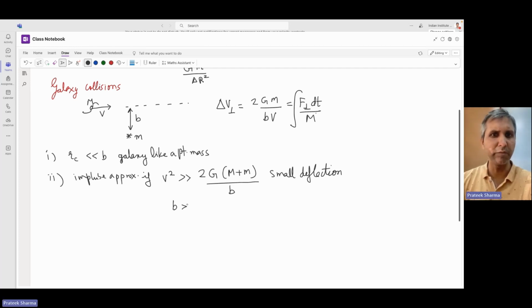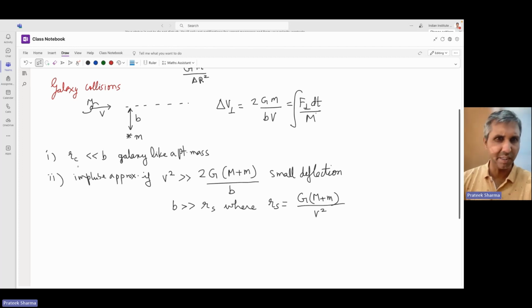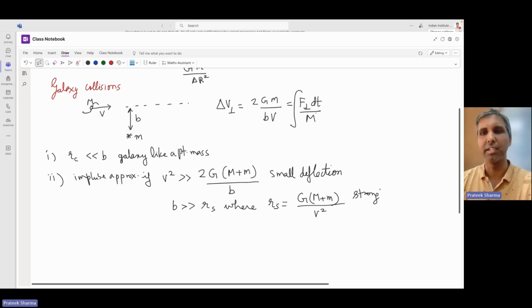This is equivalent to saying that B is much greater than R_S, where R_S is equal to G(M plus m) by V squared, the strong encounter radius. We have also encountered this.